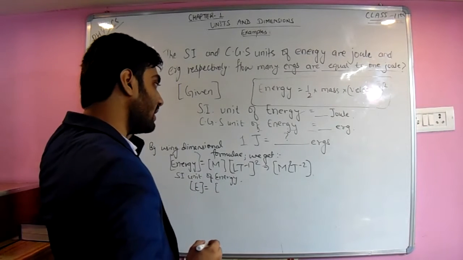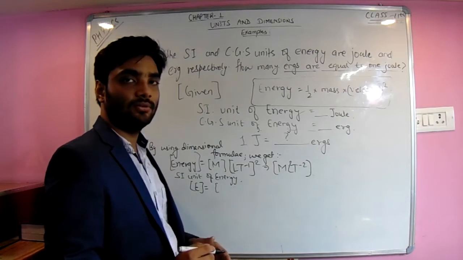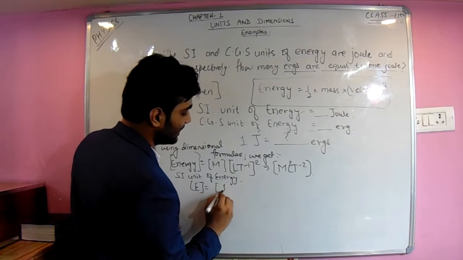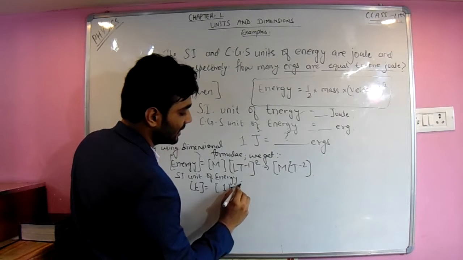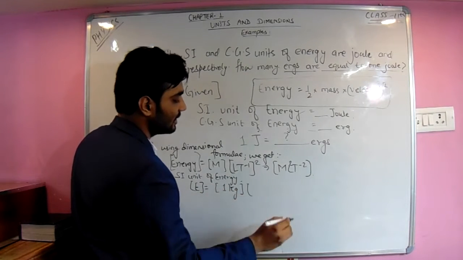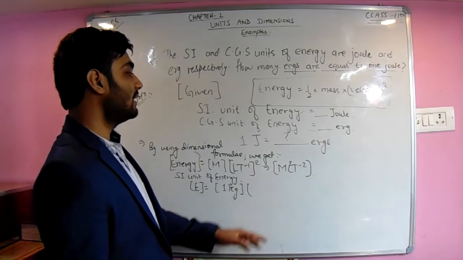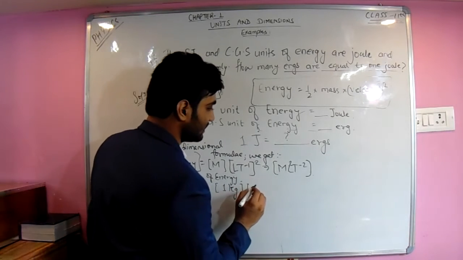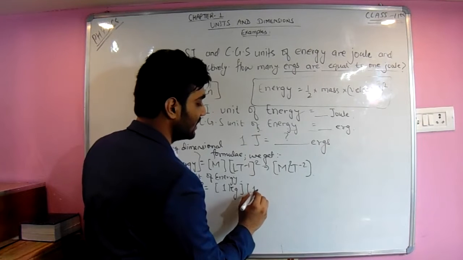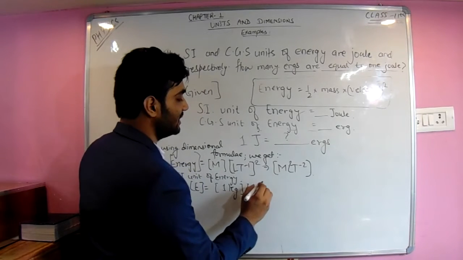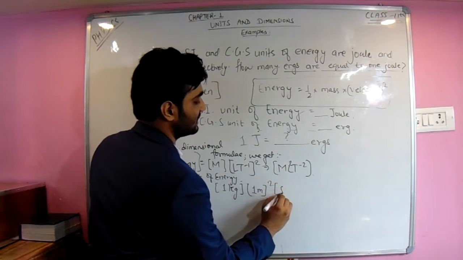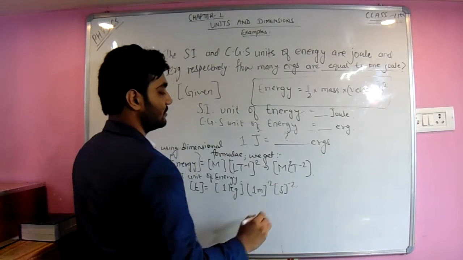M is mass, and in SI unit it is 1 kilogram. L is the length and has the unit and value of 1 meter, power 2, and second power minus 2.